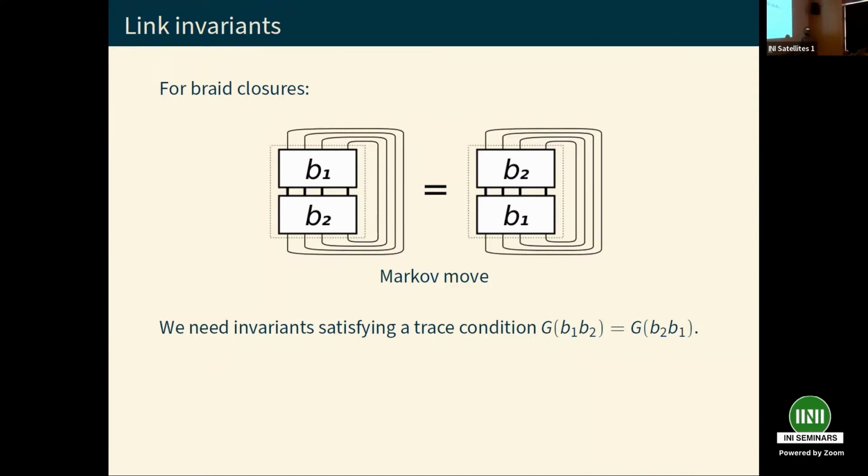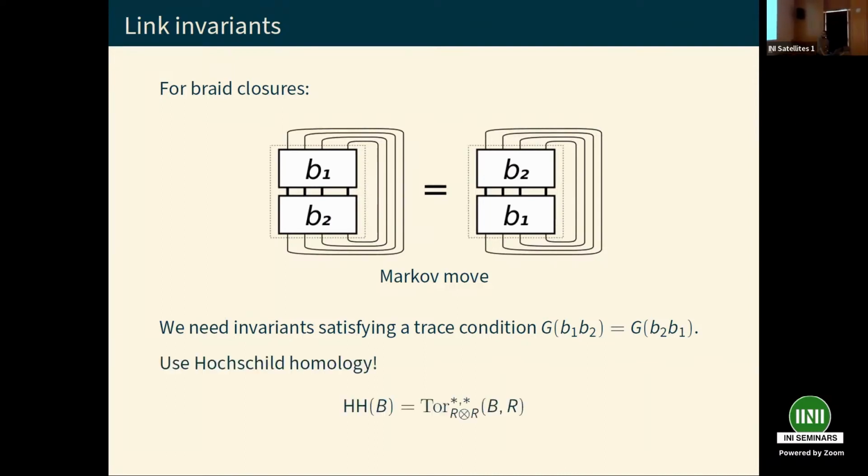Markov moves just say that if I stack two braids and close them into a link, and then I take one of those braids and slide it around the closing strands, that should be representing the same link. This is what's called a Markov move. So if you want invariance of links, you need to satisfy trace conditions like this. So an invariant that doesn't care about whether you write B1 B2 or B2 B1.